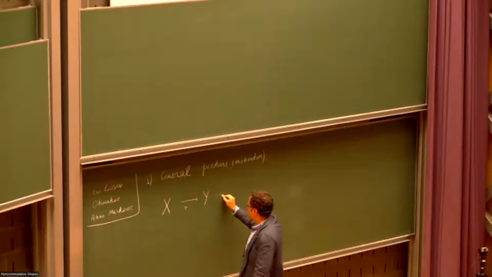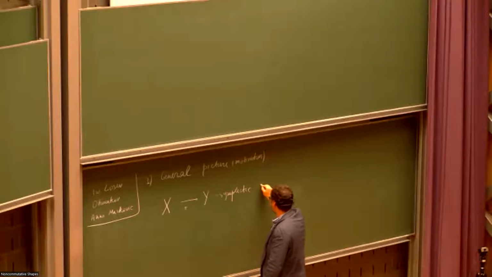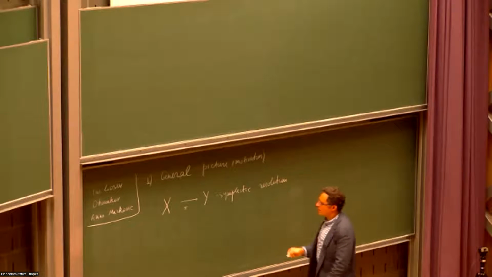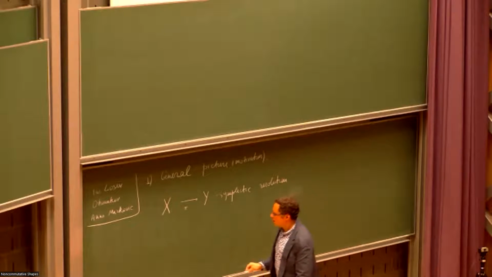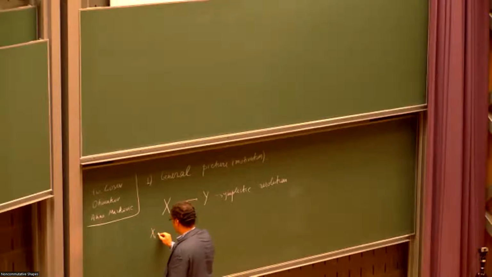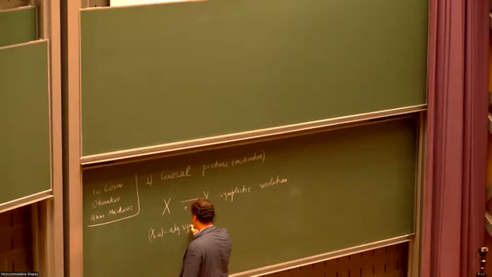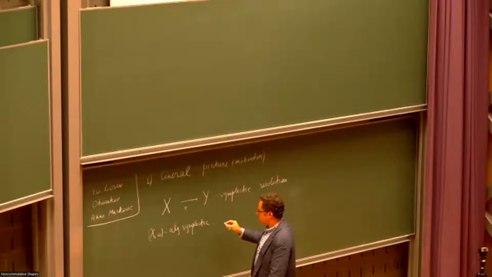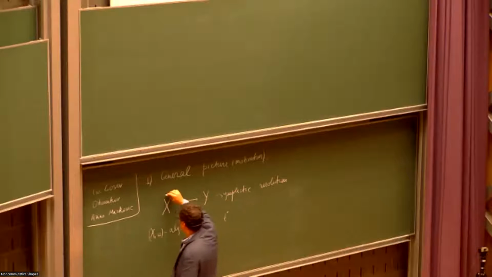a symplectic resolution. So X, omega is algebraically symplectic. And pi is the resolution of singularities, and the important thing is that there is an action of the multiplicative group.